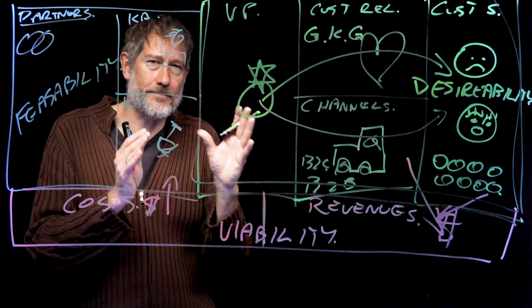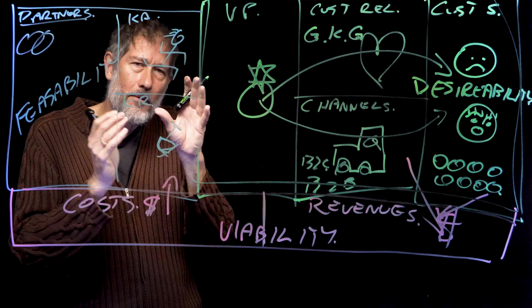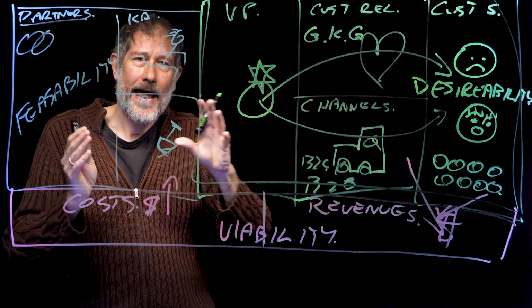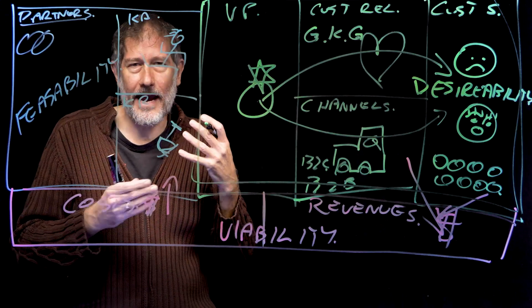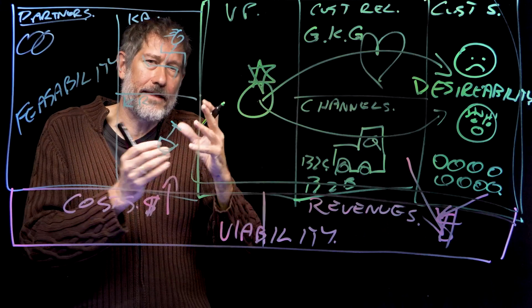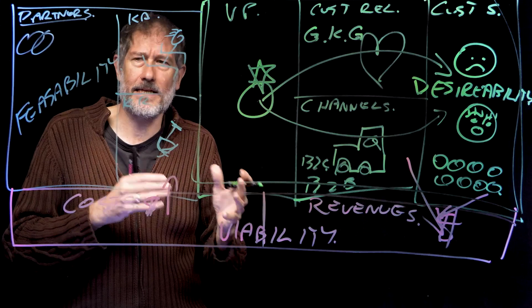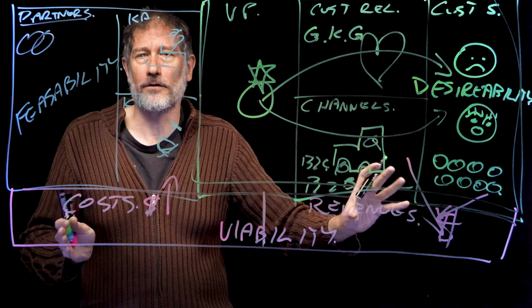And the beauty of a business model canvas is it's effectively a prototyping tool for your ideas. It's how am I going to get my value to my customer, and how am I going to play around with all of these different 9 segments to be able to create a business model that is desirable, feasible, and viable. Or in the Invincible Company book, the Strategizer's latest book, they talk about desirable, scalable, and profitable.